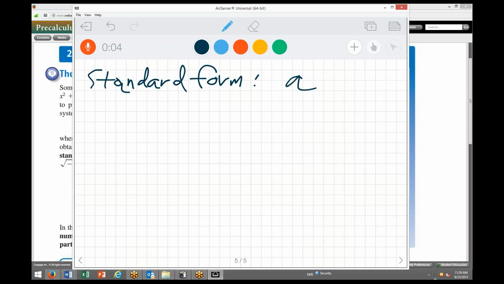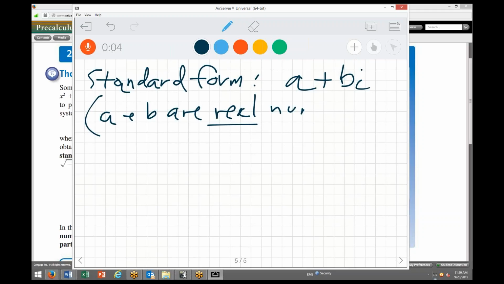Standard form of a complex number is in the form a plus bi, where a and b are real numbers. Only the i is an imaginary number. And of course, b times i is imaginary. So the way we describe this, class, a plus bi is called a complex number.